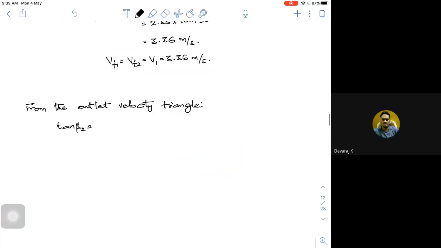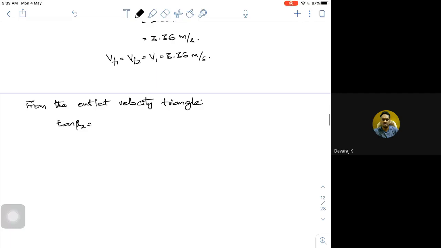This will be Vf2 divided by U2 minus Vw2. So I need to find Vw2. Let us do a little bit of cross multiplication. I need to get it in terms of Vw2.